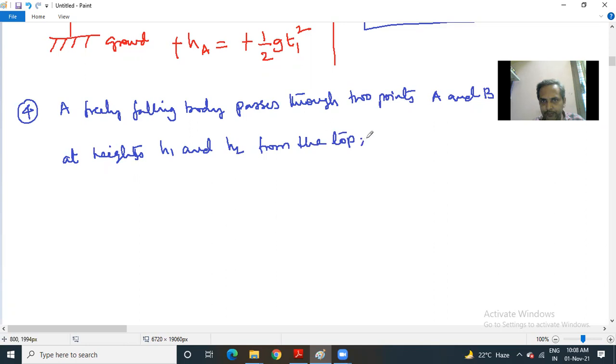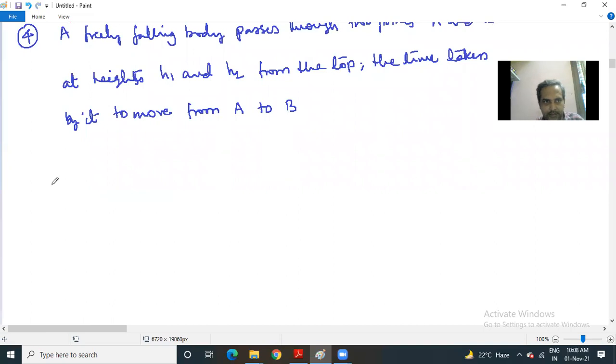The time taken by it to move from A to B. So you understand the sentence with the help of the diagram.